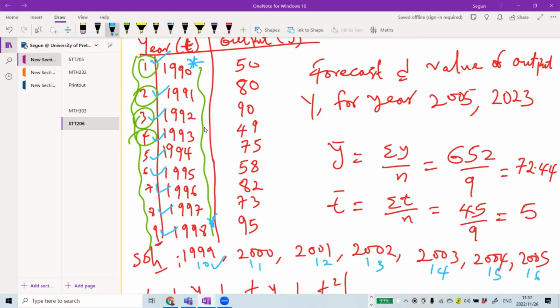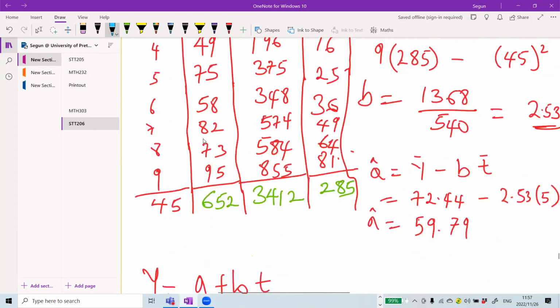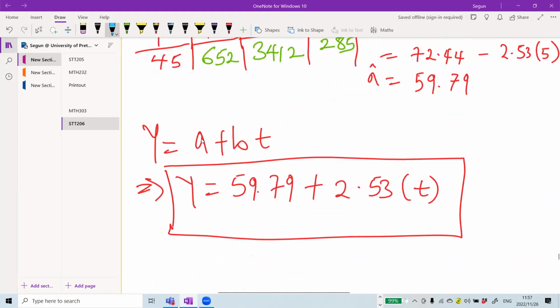Do you agree with me? 2000 is 11, 2001 is 12, 2002 is 13, 2003 is 14, 2004 is 15, 2005 is 16. So what it simply means is you will now go to your model and substitute.